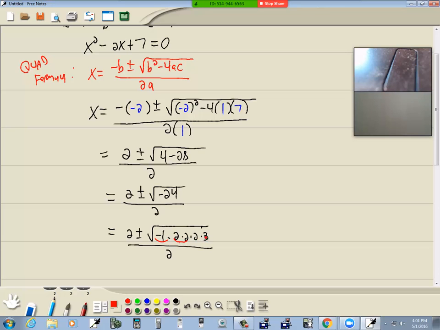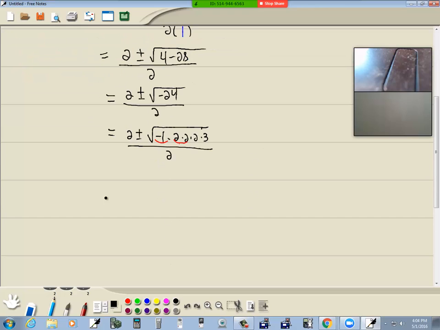We can't bring any of these out because there's just a single 2 here and a single 3 here. So we'll have 2 plus or minus, I'm bringing this pair of 2's out as a single 2, and this negative 1 comes out as an i. I'm left with 2 times 3 inside, and 2 times 3 is 6 over 2.